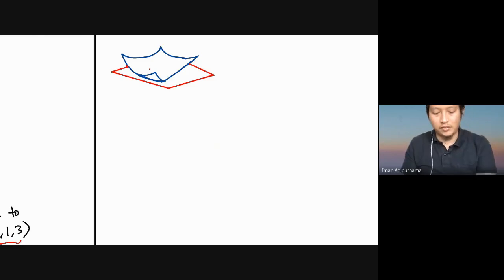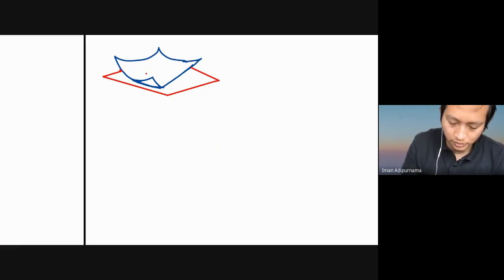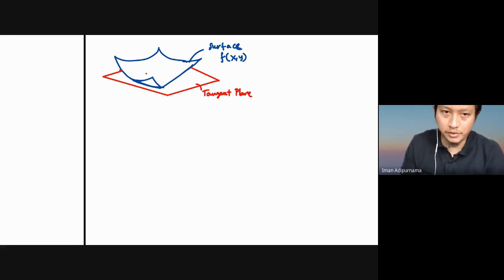So imagine you have this kind of surface, and let me write here, this is the tangent plane, this is the surface. Surface means it can be any quadratic surface, as long as it is a function of at least two variables.